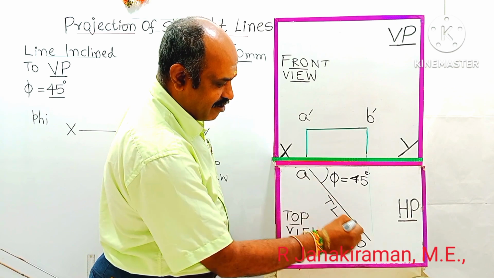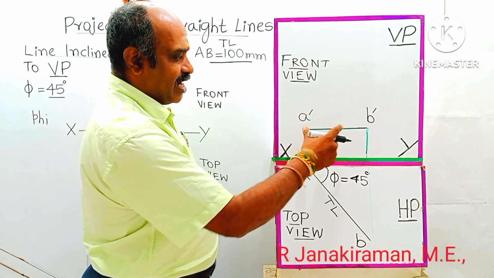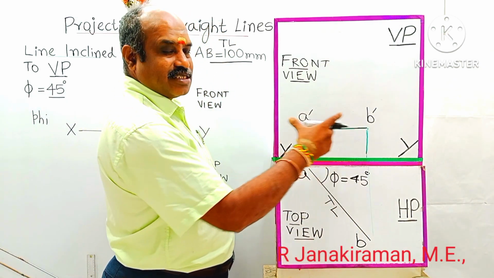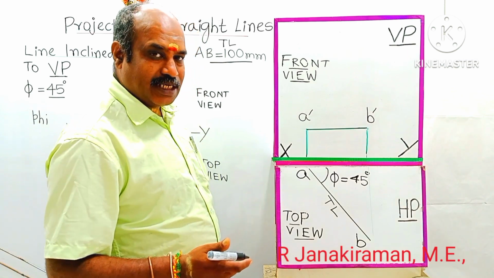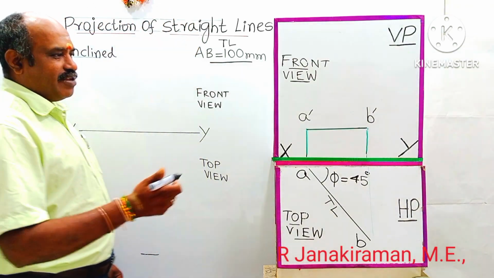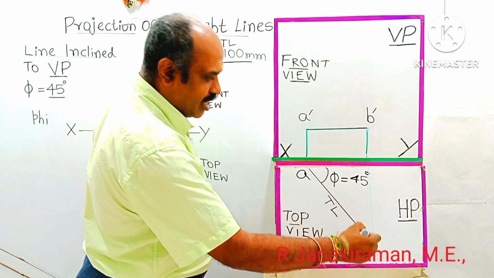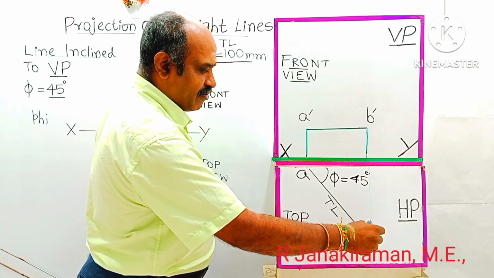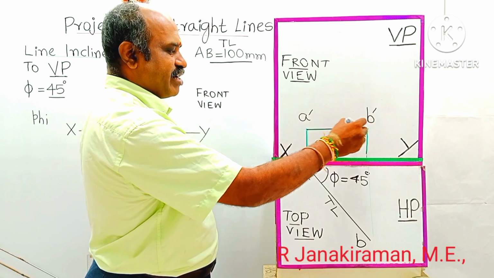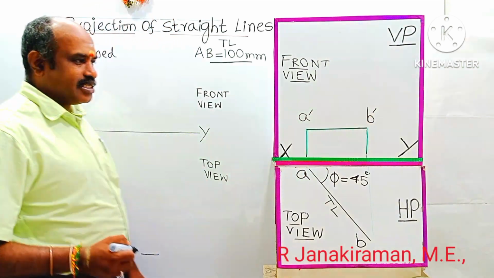This AB will have the true length. A dash B dash will be shortened in length as the line is inclined to VP. Initially, we cannot draw the front view first. We have to draw the top view, and then from the top view, we project and complete the final front view, A dash and B dash. This is the sequence to be followed.